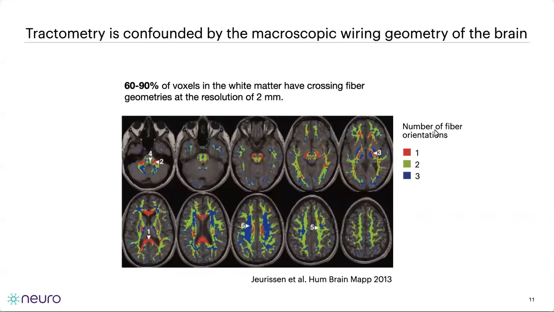But you only have 1 MT or R1 or T2 star metric in that voxel. So you have this partial voluming effect. And then you're sampling that value along the entire length of your tract. So it's like this massive blurring kernel that's being applied to your data and to your annotated connectome, right?